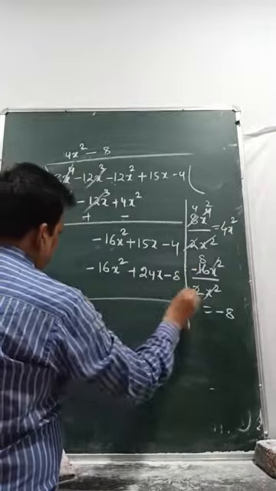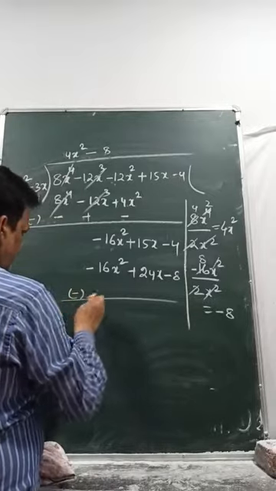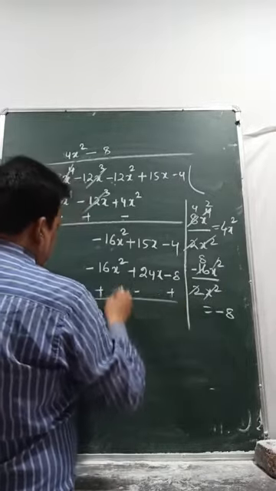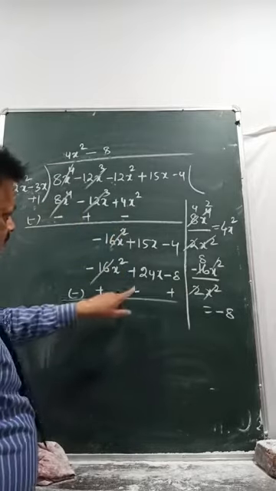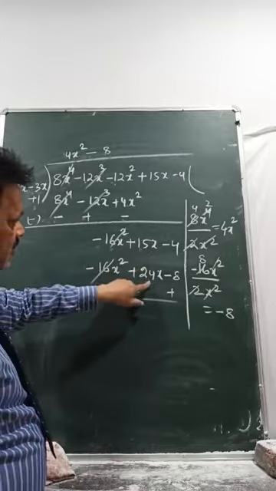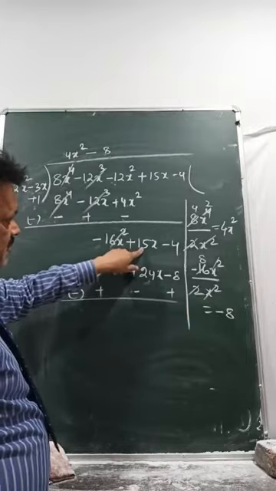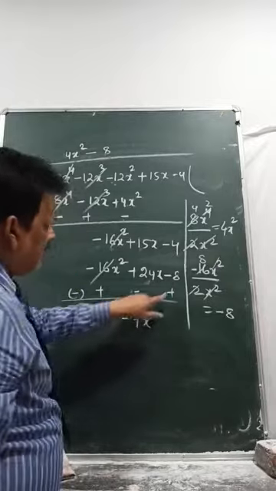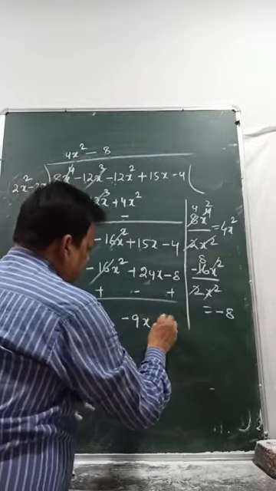Now subtract. This is plus, this is minus, this is plus. This is cancelled. Minus 24 plus 15 is minus 9x. Minus 8 minus 4 is plus 4.